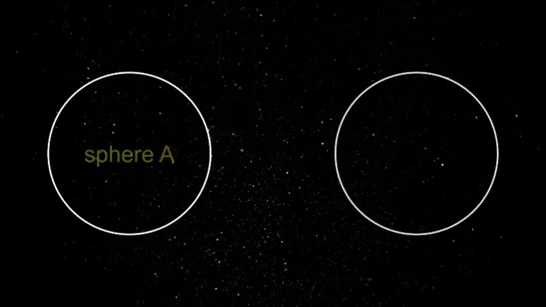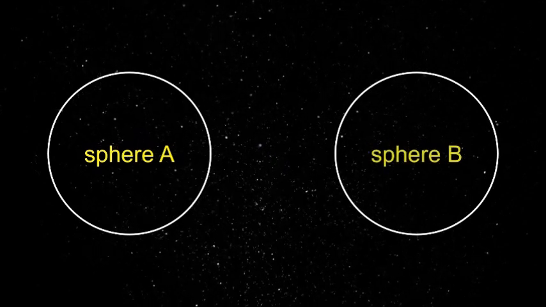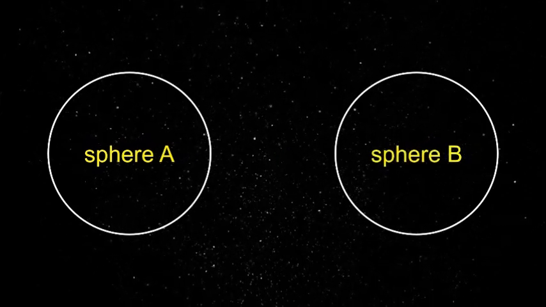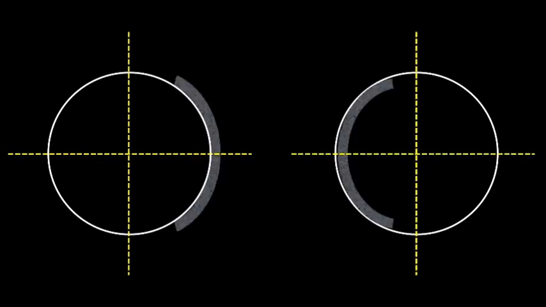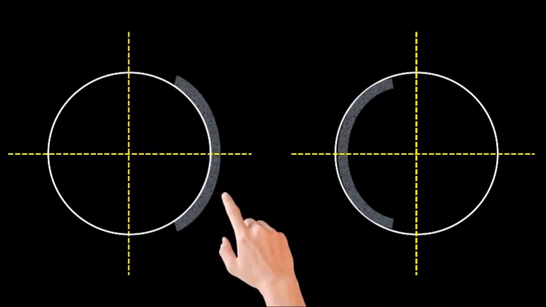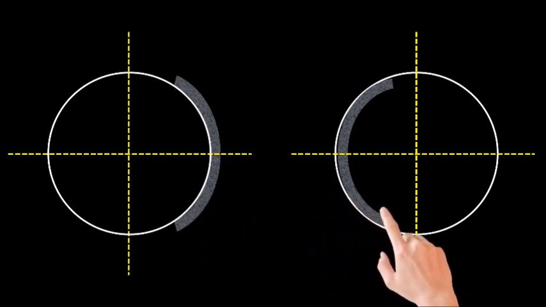Needless to say, curved mirrors are part of hollow spheres. Here we have added the metallic coating on the outer side of sphere A, and inner side of sphere B.